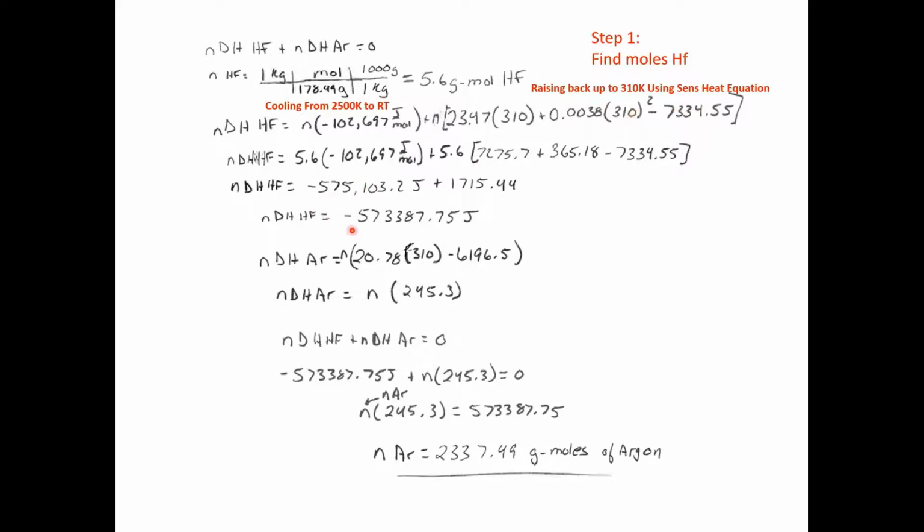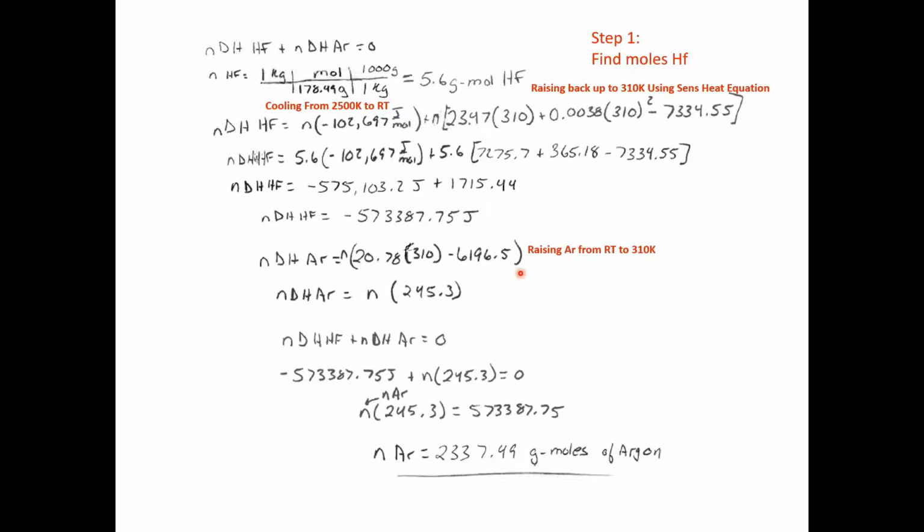I left it in terms of joules because I wanted to make the units work out correctly when we figure out how many moles of argon we need. But N delta H, so number of moles times the sensible heat for hafnium, equals this. Really, if I blocked out this N, it would be joules per mole because we multiplied by our number of moles when we worked out the calculation.